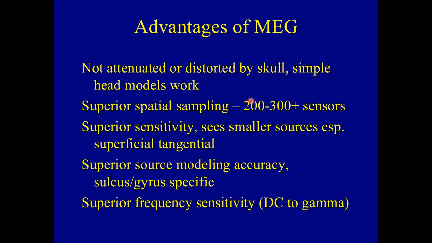Imagine trying to put 300 electrodes on somebody's head. Because it's not attenuated by the skull or scalp, it has superior sensitivity, seeing smaller sources. It produces more accurate source models because of this. And another feature is it has a superior frequency sensitivity in that it can record DC as well as very high frequency activity.